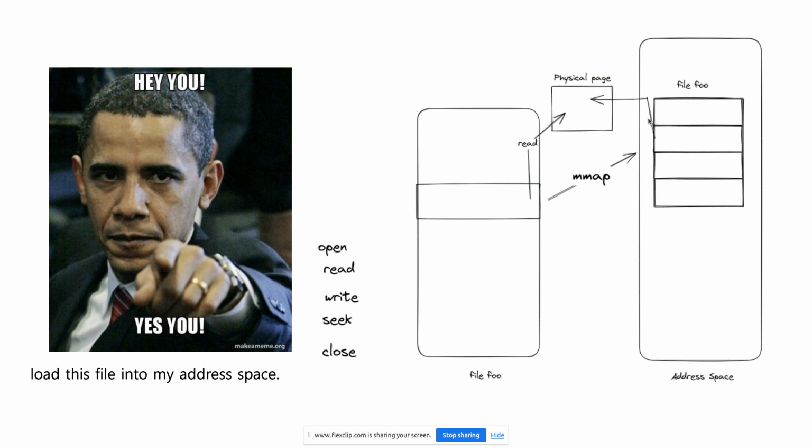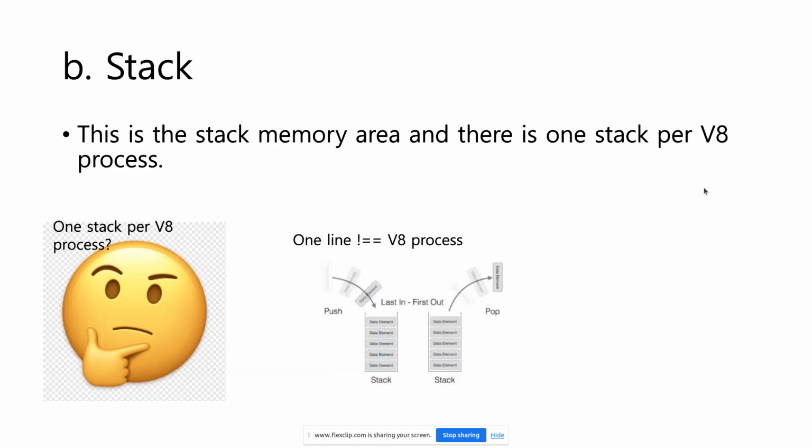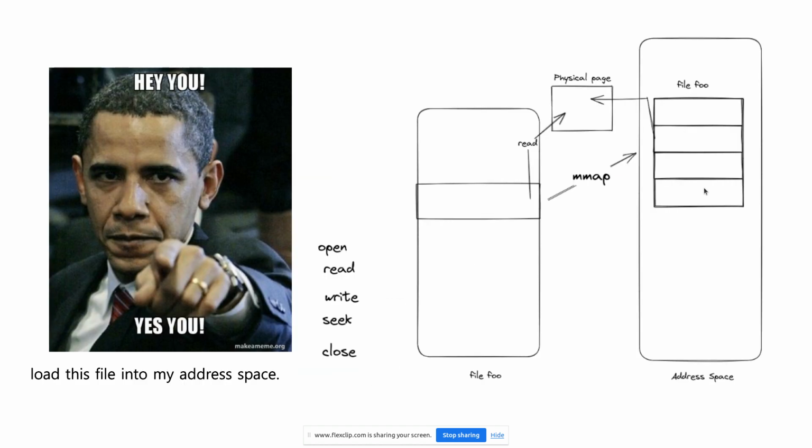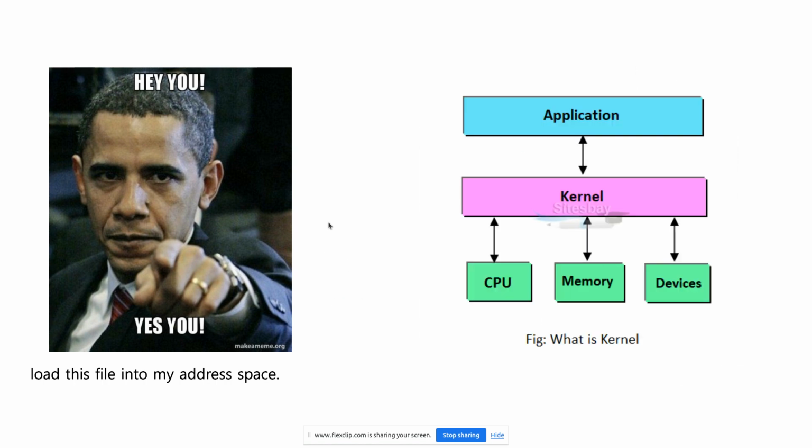And that's the mmap thing. So if it says that large objects are stored in the mmap region, it means they are stored in the address space, and that's it.